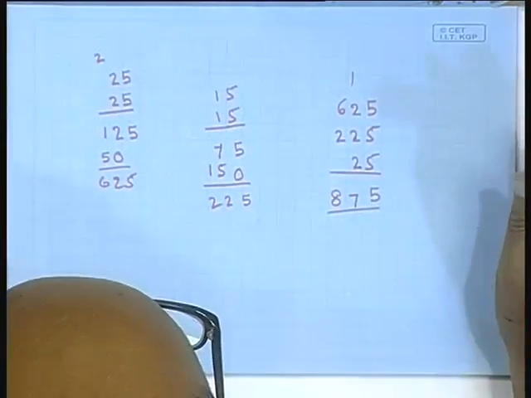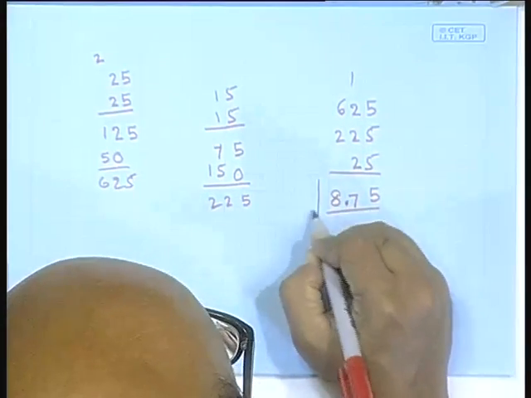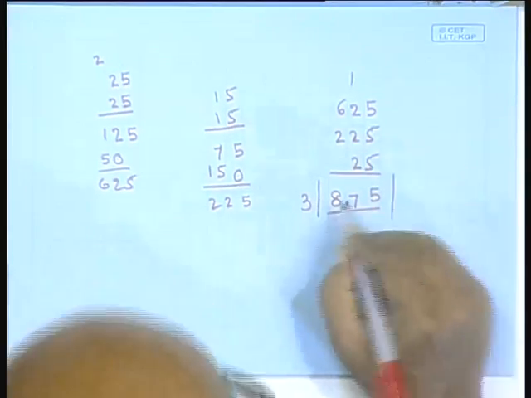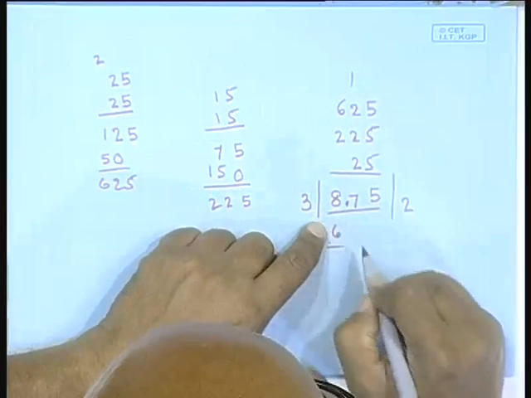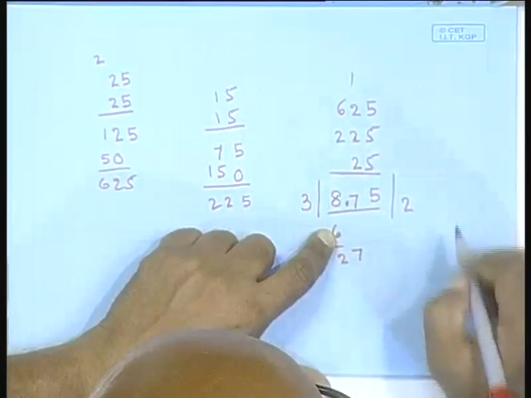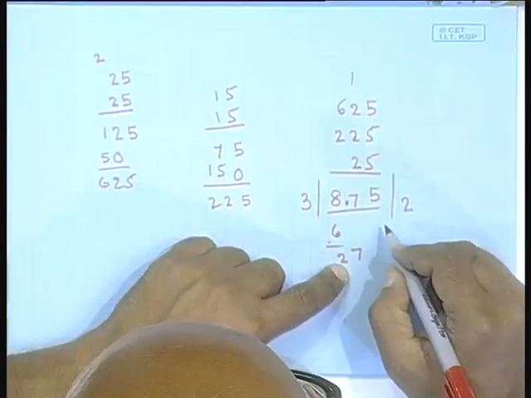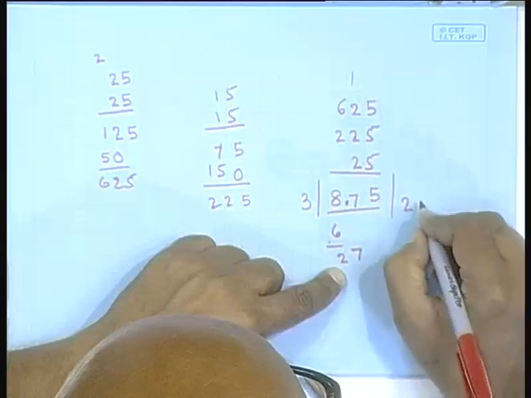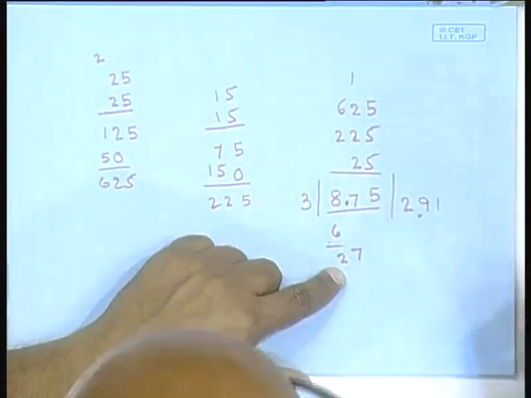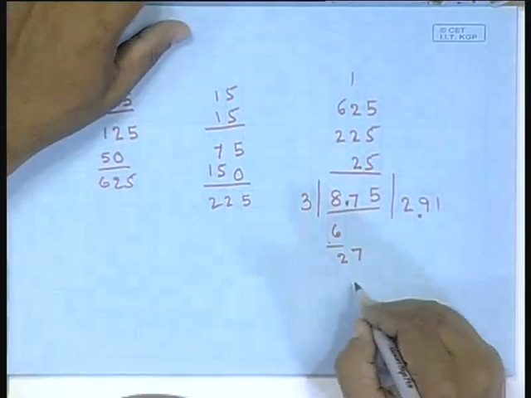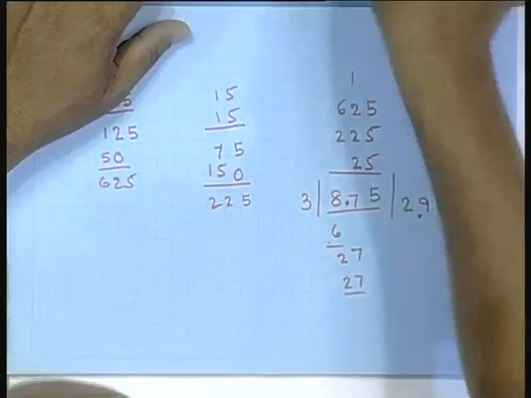So, 875 divided by 3, so it is 8.75 divided by 3, which is roughly 2.9, so 2.91.